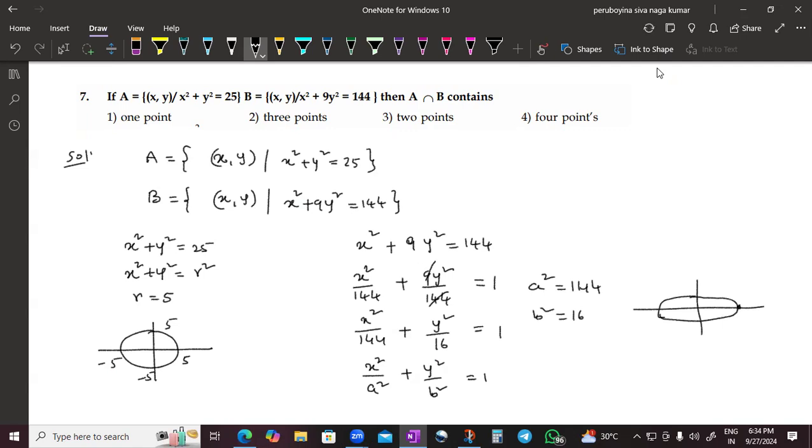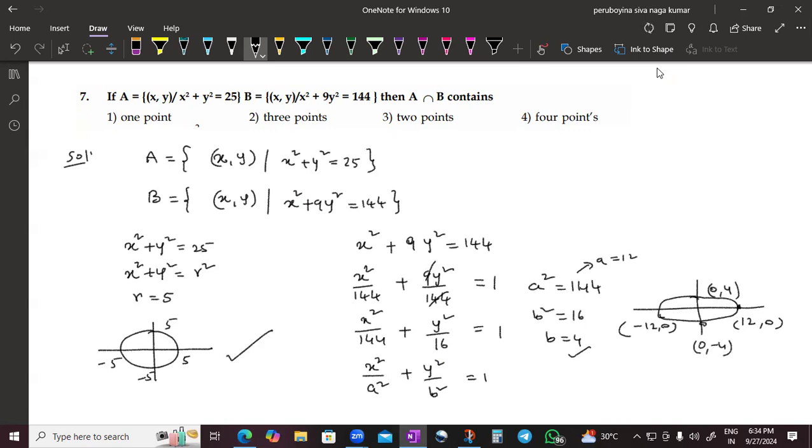The value of a is 12 and the value of b is 4. So the x points are 12 comma 0 and minus 12 comma 0, and the y points are 0 comma 4 and 0 comma minus 4.